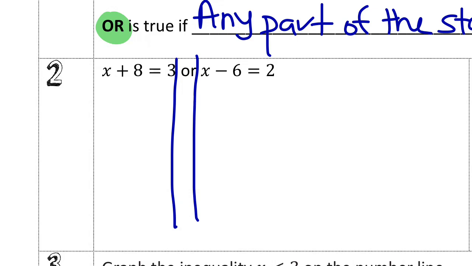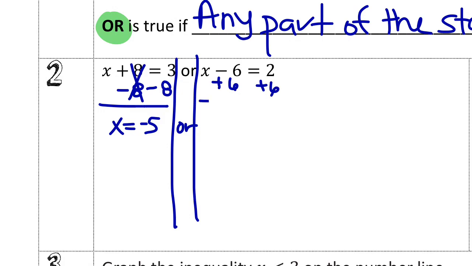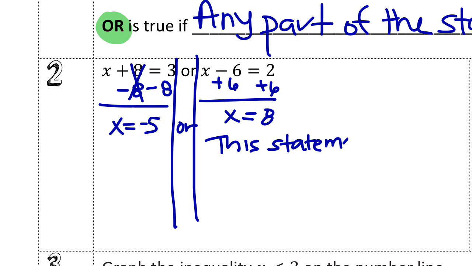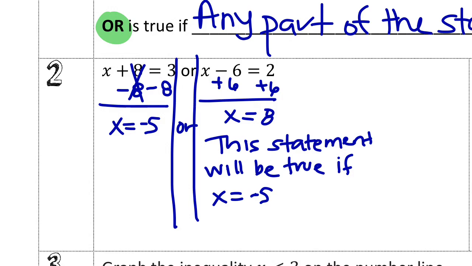This is solving equations. This is more practice for us. Subtract 8 from both sides. We get x equals -5, or add 6 to both sides, x equals 8. So what this is telling us is this statement will be true if x equals -5 or x equals 8.